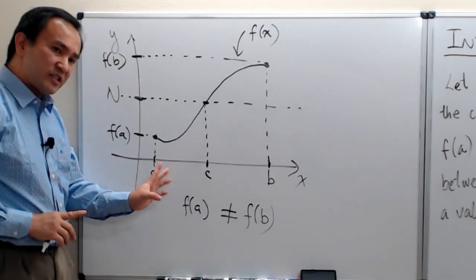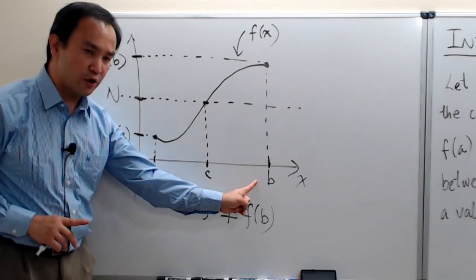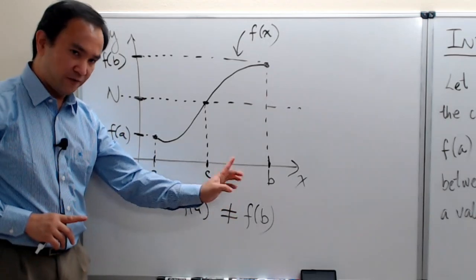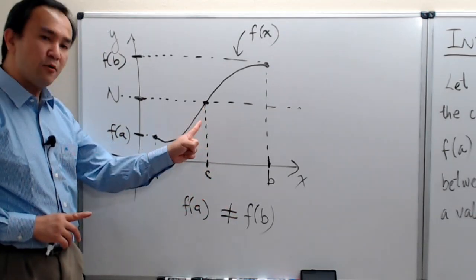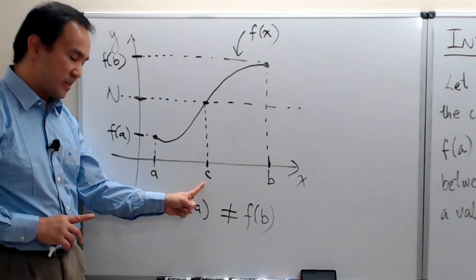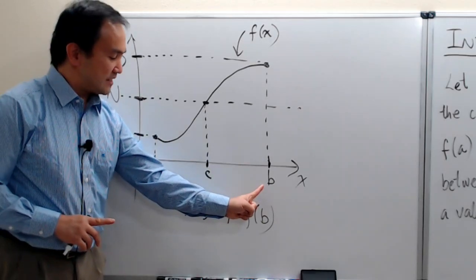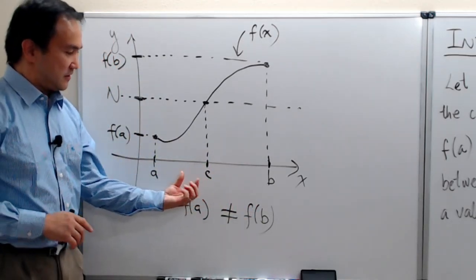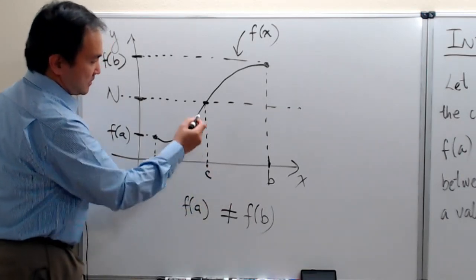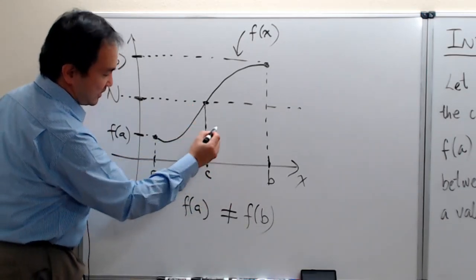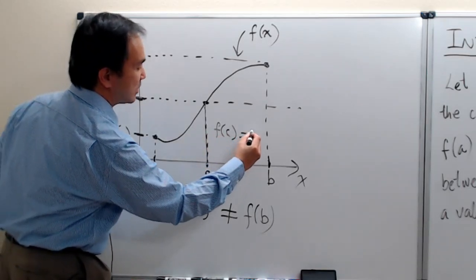The theorem never said exactly where the value c has to be inside of this horizontal interval on the x-axis. The theorem only guarantees that we should be able to definitely find a value c somewhere inside of the interval on the horizontal x-axis that satisfies this: the c value inside of this is hitting that height. So this height right here is f of c, but the theorem says it should equal the value n.